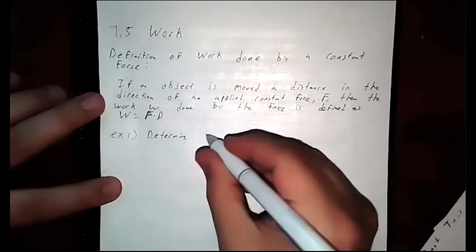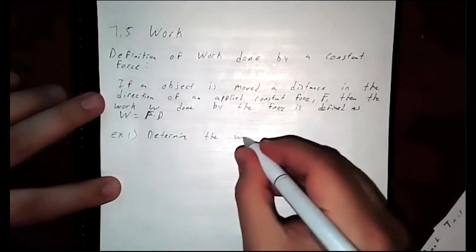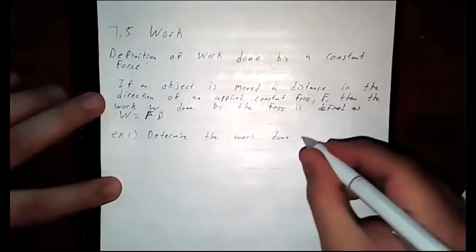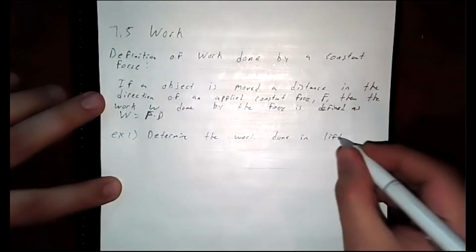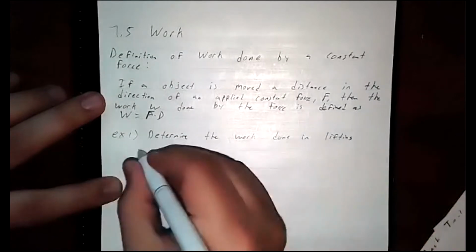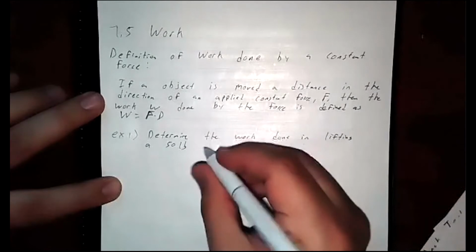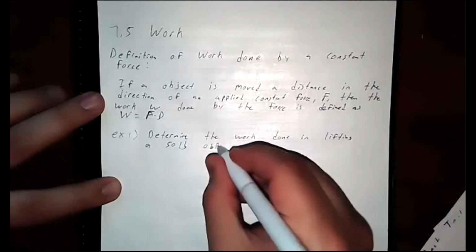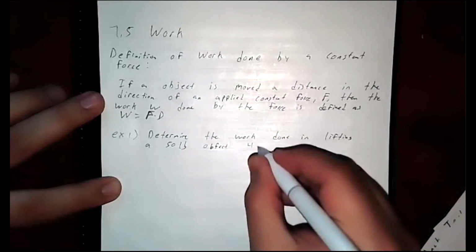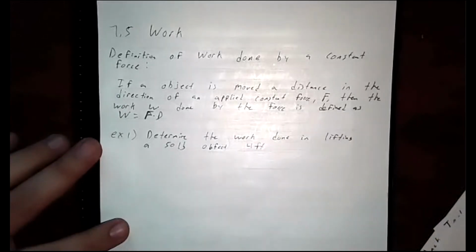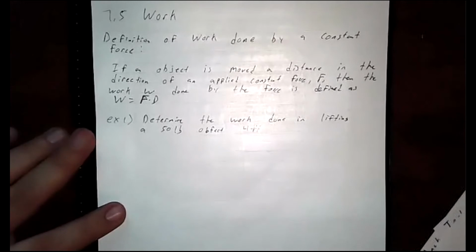So determine the work done in lifting a 50-pound object 4 feet. All you have to do is multiply the force and distance, and that's it.